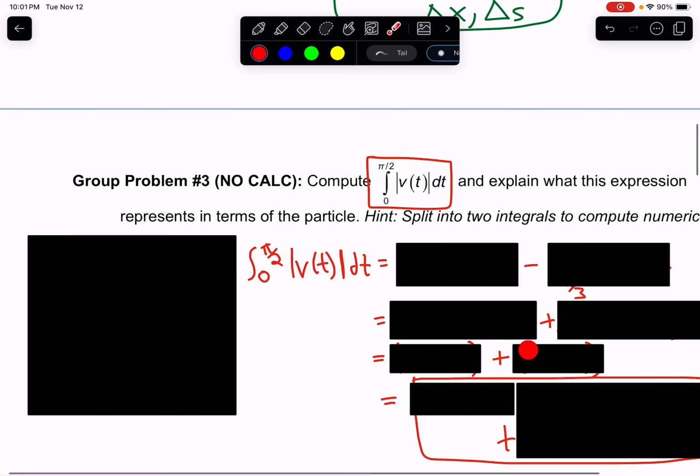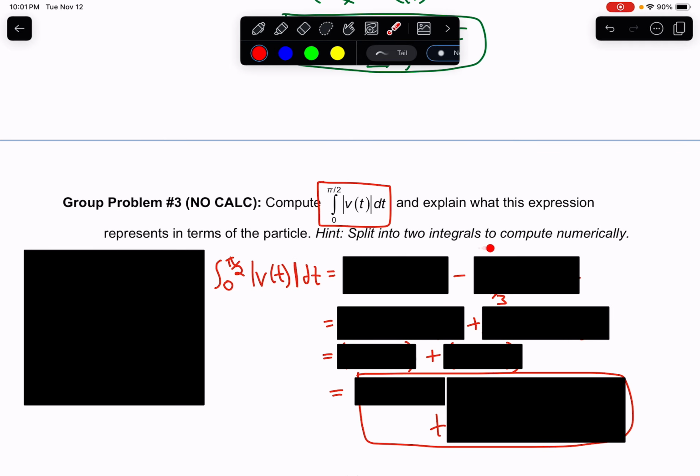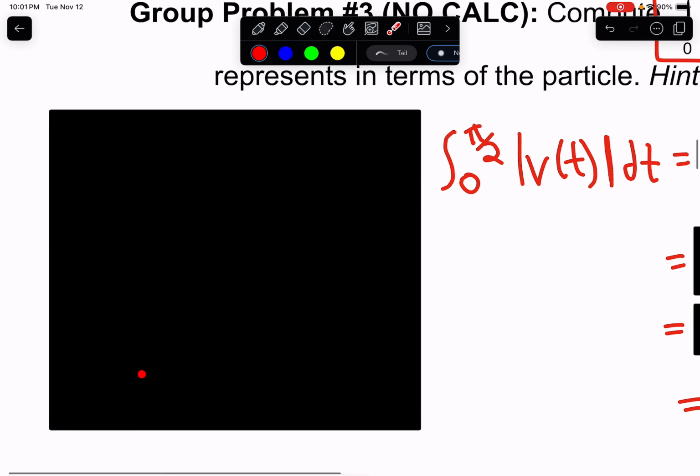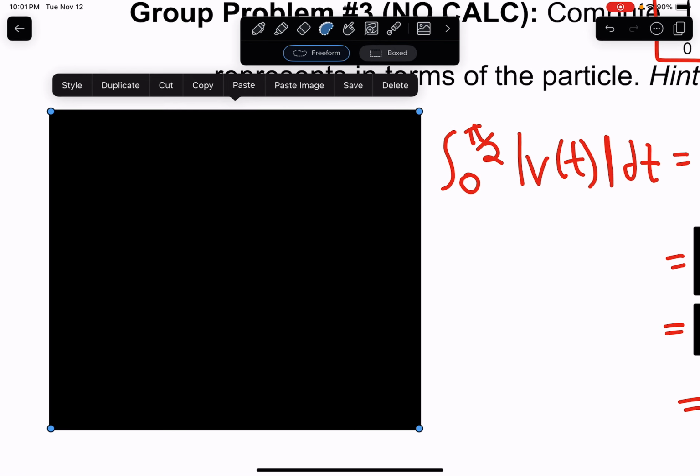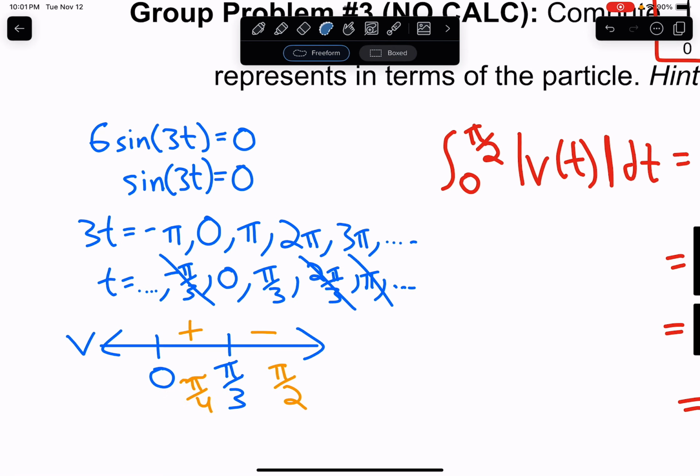So the good news for us is we've already done part of the work. And the hint here says split into 2 integrals to compute numerically. What's going to help us with that is our work from group problem 1, which is setting the v of t function equal to 0 and checking to see where it's positive and negative.